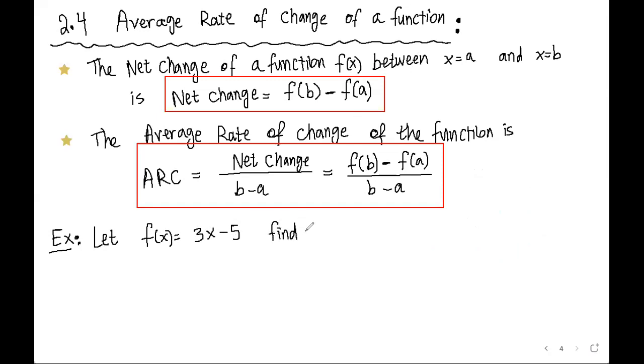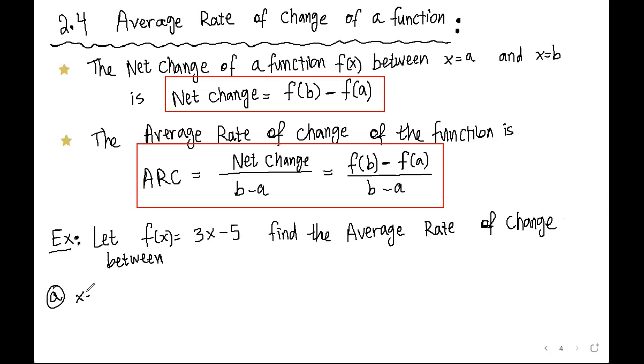Find the average rate of change between number 1, x equals 0 and x equals 1, and number 2, x equals 3 and x equals 7.